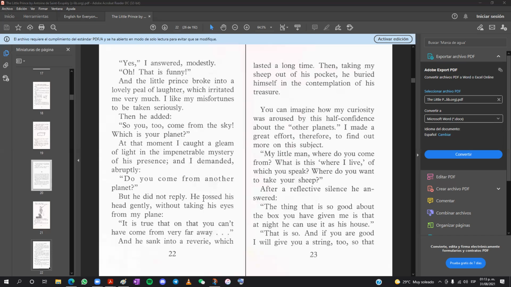Es verdad que con eso no pudiste venir de muy lejos, y se sumió en el pensamiento, en el cual duró bastante tiempo. Entonces, tomando mi oveja de su bolsillo, se sumió a sí mismo en la contemplación de su tesoro. O sea, se quedó con su ovejita que le había dibujado. ¿Ok?